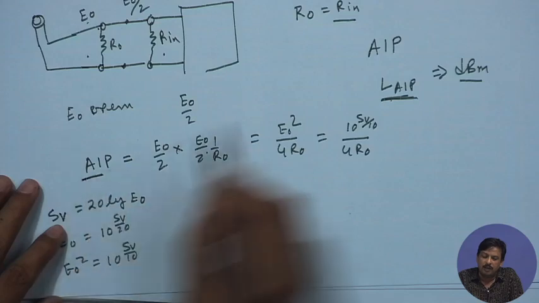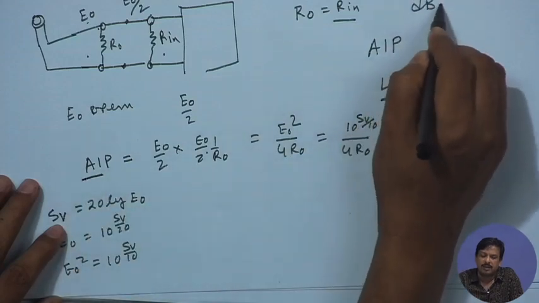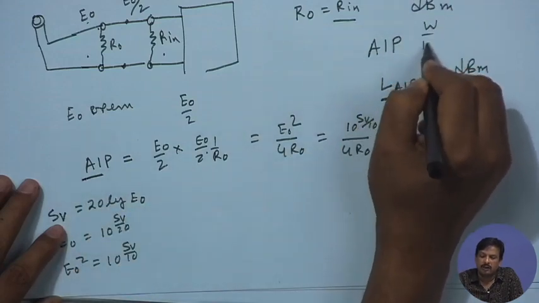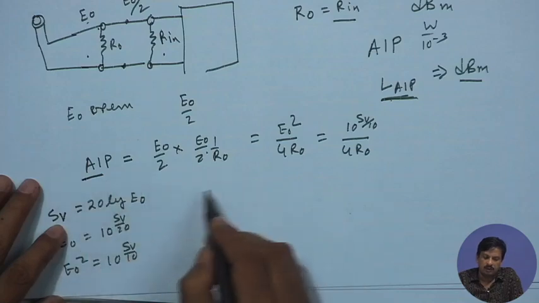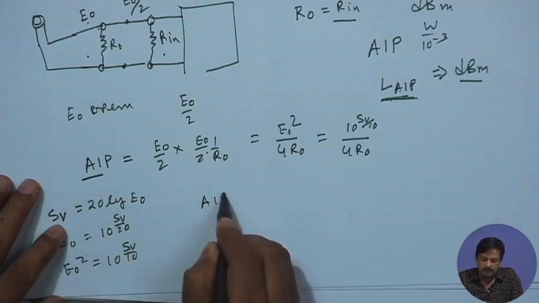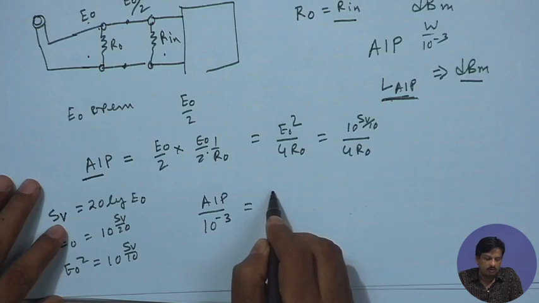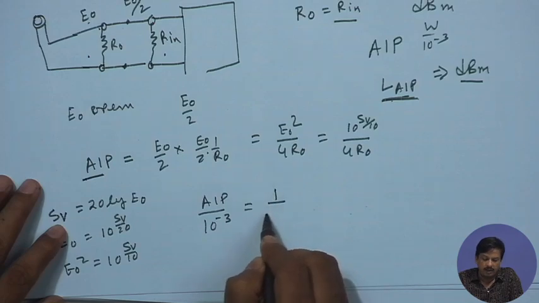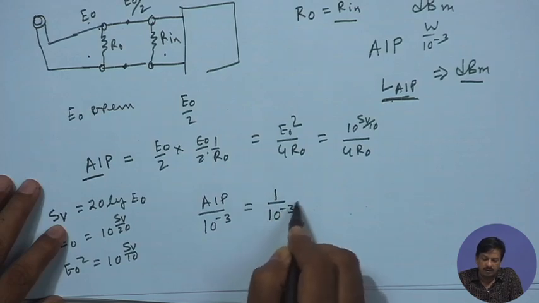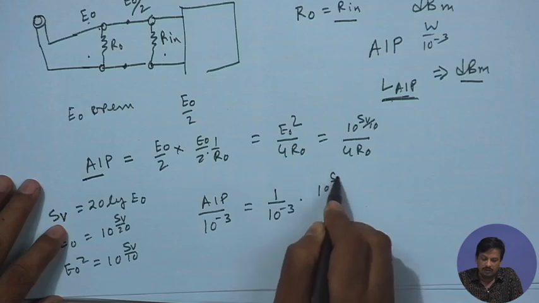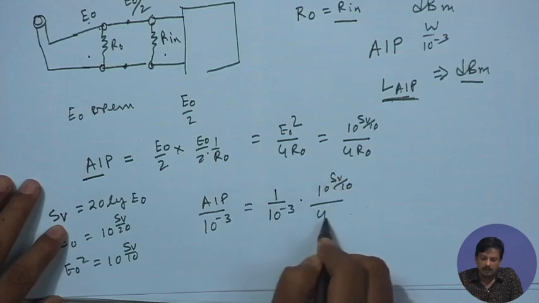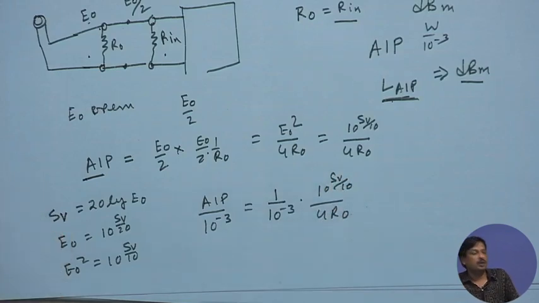I have to take milliwatt, because dBm is nothing but watt divided by 10 to the power minus 3. So, I have to divide AIP by 10 to the power minus 3, which is 1 by 10 to the power minus 3 into 10 to the power SB by 10 divided by 4 R0. Is that okay?